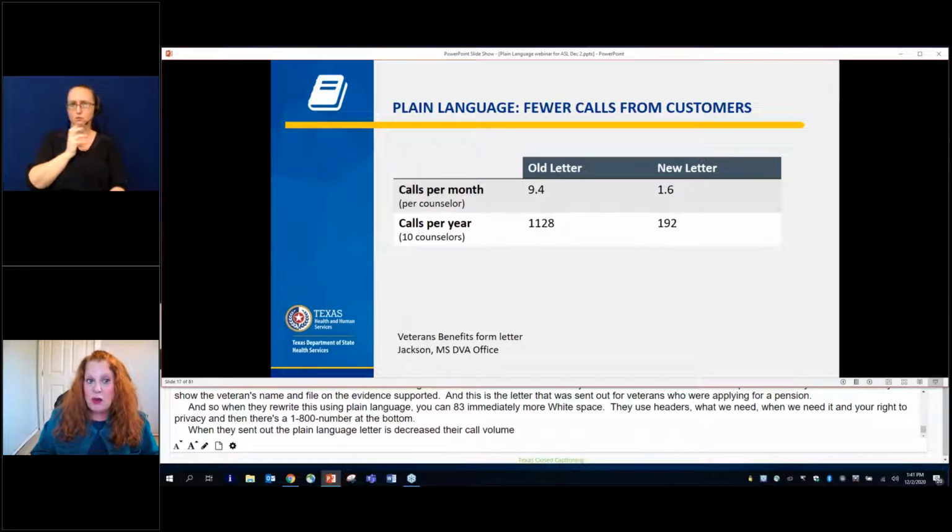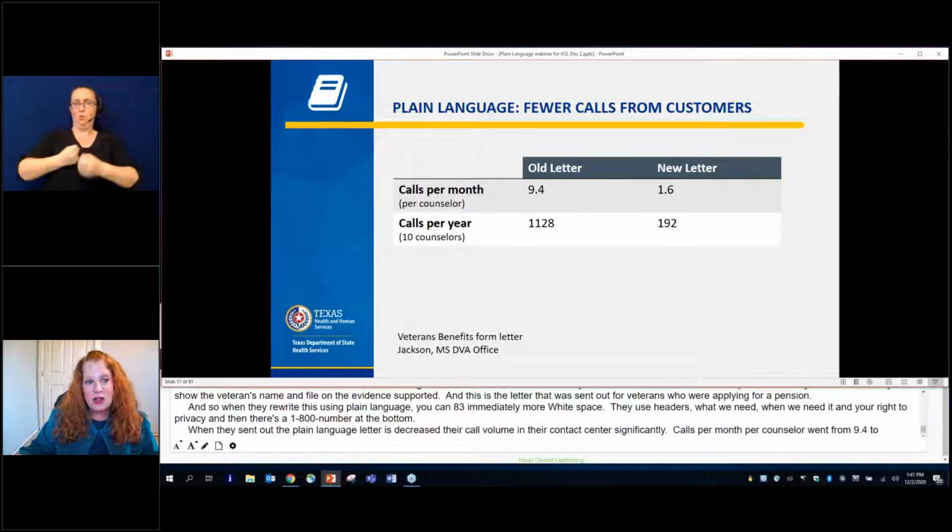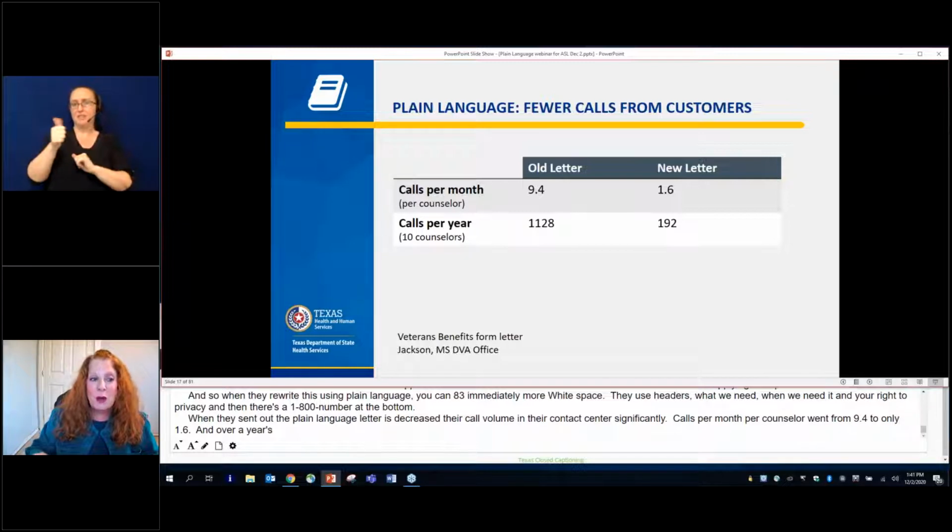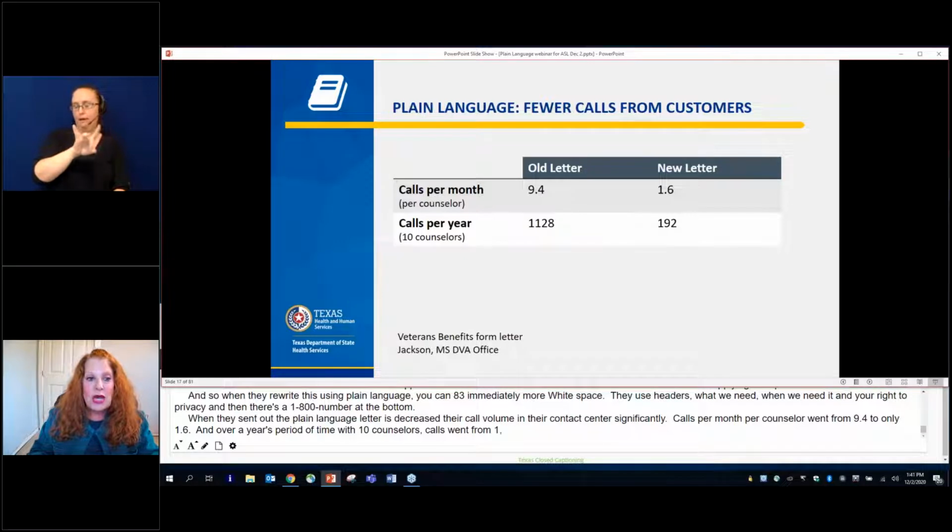Calls per month per counselor went from 9.4 to only 1.6. And over a year's period of time with 10 counselors, calls went from 1,128 to 192.